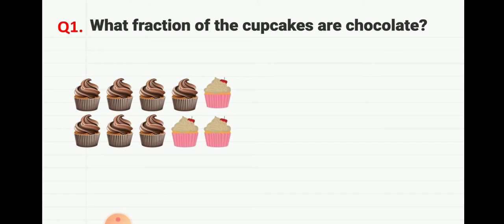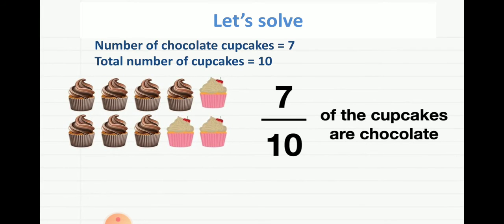And then it is asking how many cupcakes are chocolate. So let us count 1, 2, 3, 4, 5, 6, 7. So you can see 7 are chocolates. So we will first write the number of chocolate cupcakes, that is 7, and then the total number of cupcakes, that is 10.